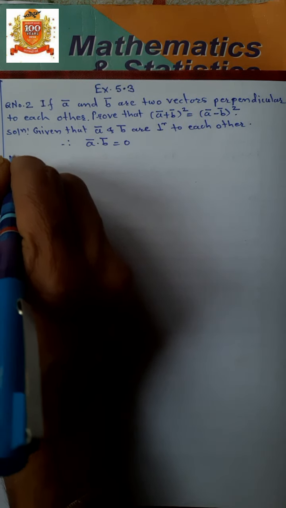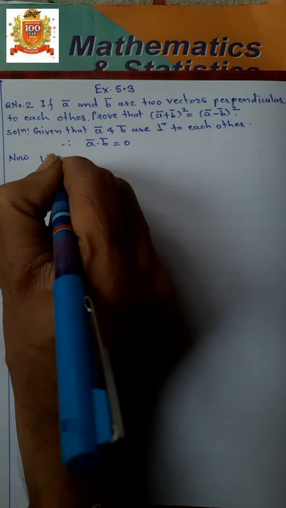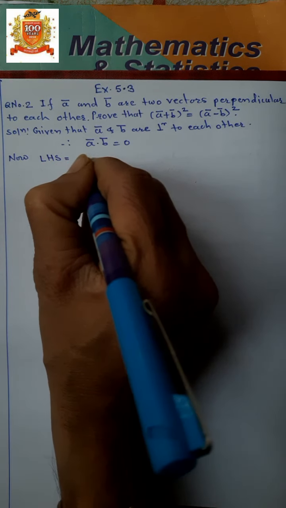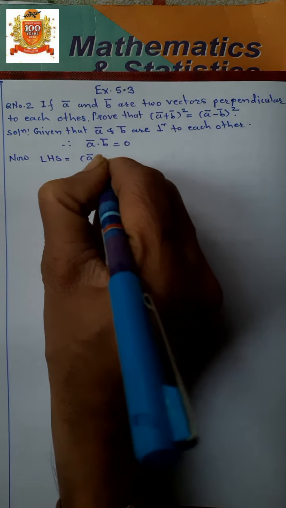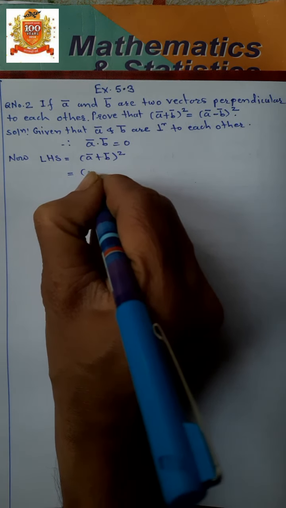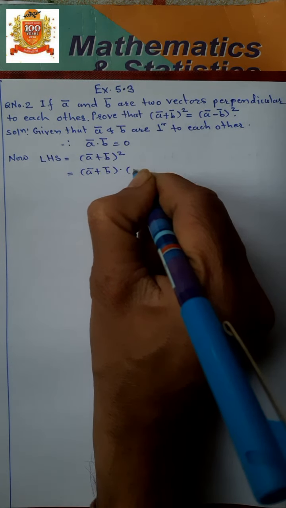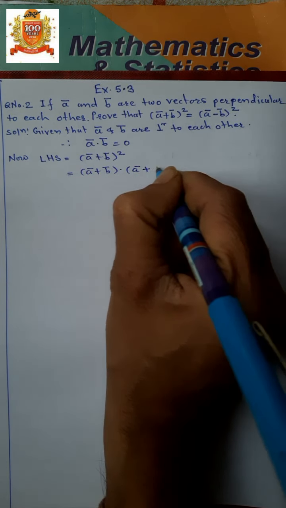Now LHS is equal to (a bar plus b bar) whole square, which can be written as (a bar plus b bar) dot (a bar plus b bar).